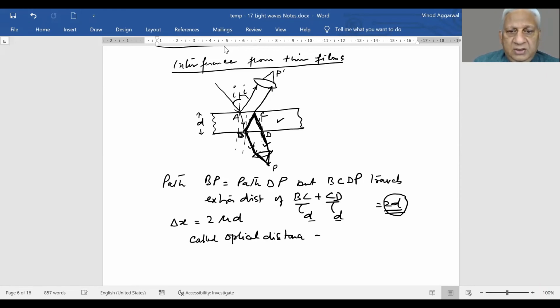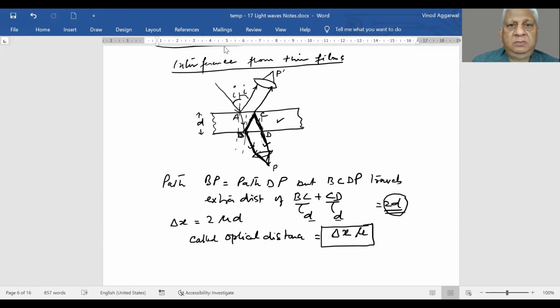What is an optical distance? You take a geometrical distance, the difference of geometrical distance multiplied by the refractive index of this media. Using this, we can now compare, take differences, addition, comparison of path differences from any media.